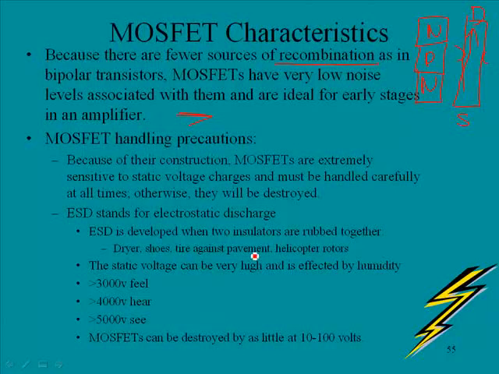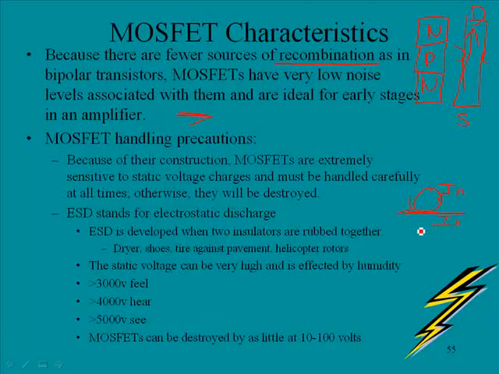Tire rubbing against pavement. Have you ever been driving a car, you get out of the car, you're standing on the ground, and then you go to close the door, and as you touch the door, you get shocked? Well, the reason for that shock is that the rubber tire is an insulator, the asphalt or cement is an insulator, and these are essentially rubbing together, and there's actually a separating going on here as well that's causing the static.